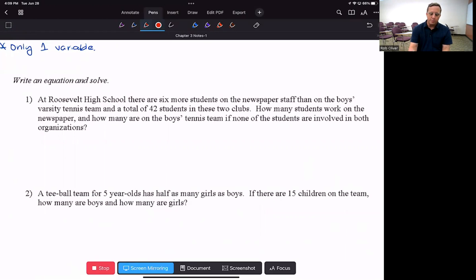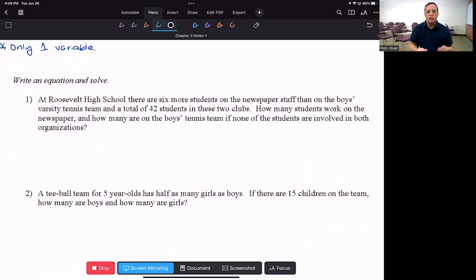All right, so we're going to approach this algebraically. One thing I talked about during class was a brute force technique, which is a guess and check way of doing it. We know there's 42 students, so maybe just keep trying different numbers. Let's say we try 30 and 12, because 30 and 12 adds up to 42.